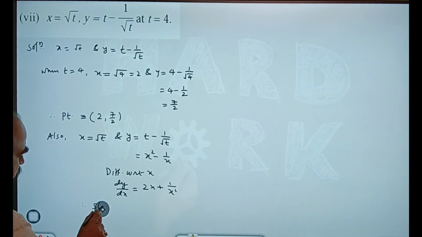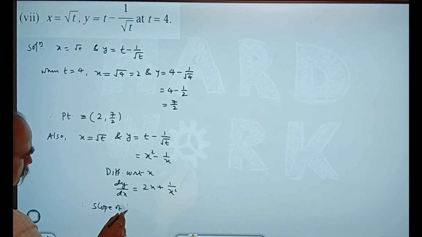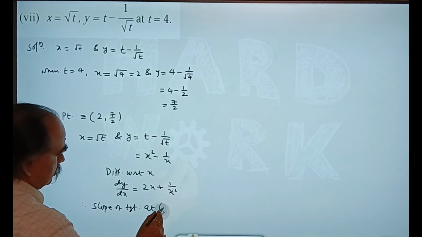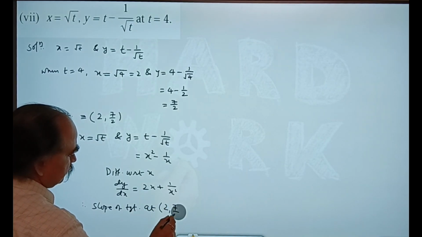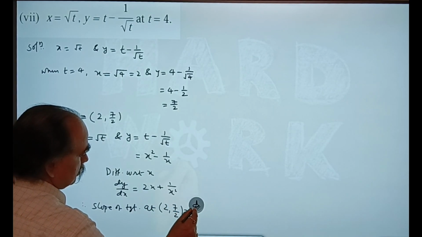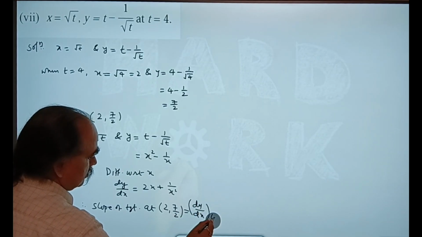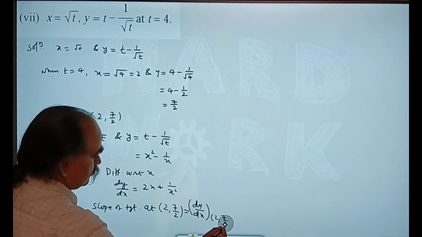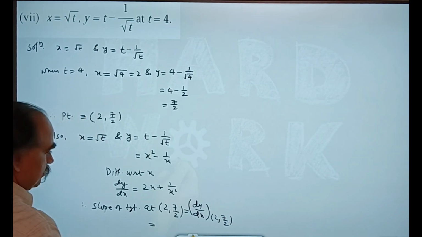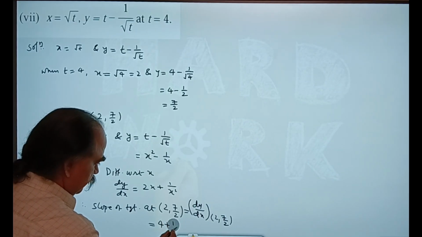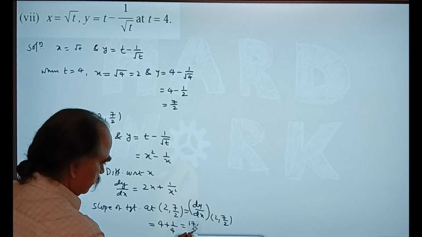So slope of tangent at 2, 7/2 is what? dy by dx at 2, 7/2. So 2 into 2 is what? 4 plus 1/4. (16 plus 1)/4, 17/4.